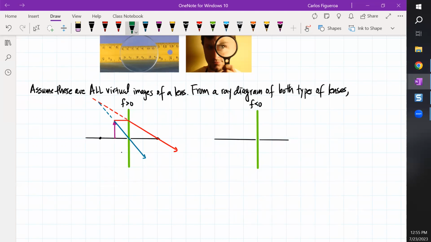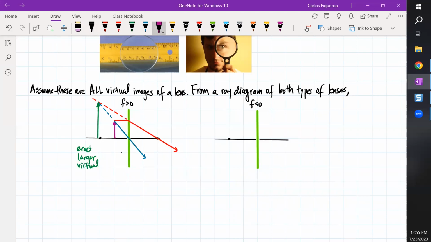This image here is definitely larger than the object. It's erect, right? So I have an erect image. It's larger and it's virtual because it's behind the lens. For a diverging lens, we only care about the focal point back here.